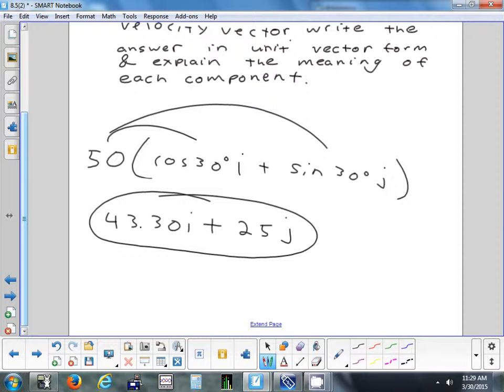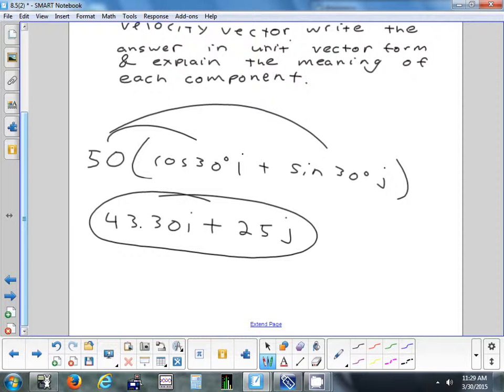James? How far right? Well, so you're saying it's a distance? Yeah. Well, remember, this is velocities, and these are components of the velocity. So these are speeds. The 43.30 and the 25 are both speeds. If you were to take a radar gun and point it at it and check it, it would say 50.